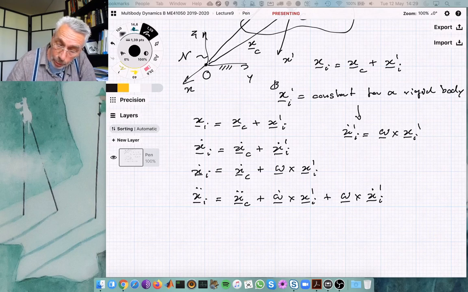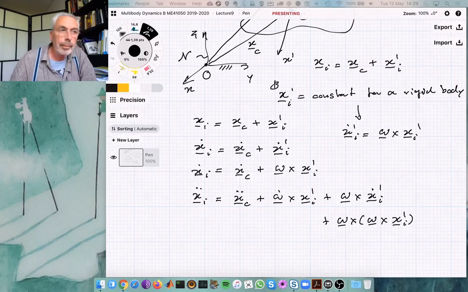But we already saw that the speed within the body is this term, so that's omega cross and then again omega cross, so that's a double cross product, so double trouble you could say, x prime I.